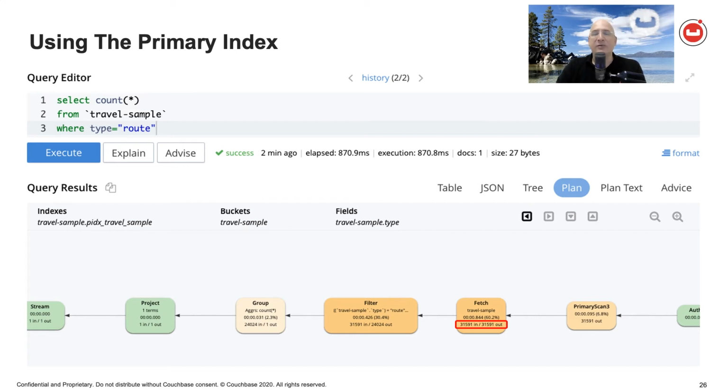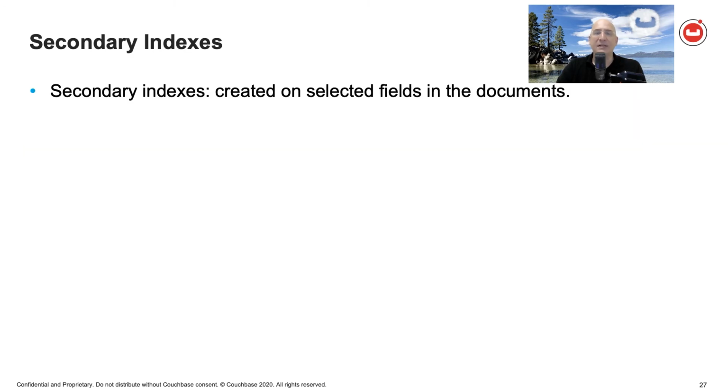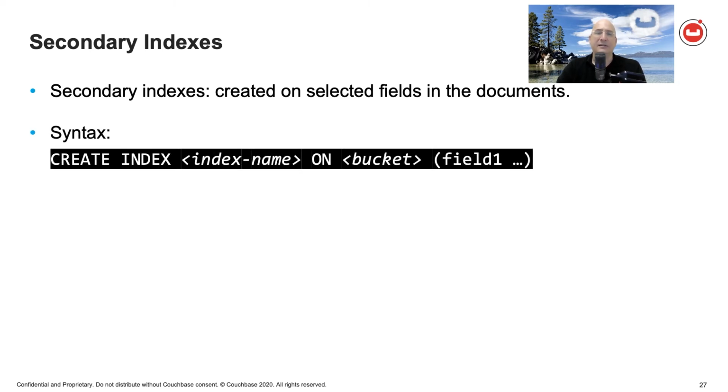So how can we make this query run faster? Just like in relational databases, you can create indexes on selected fields in your documents. These indexes are called secondary indexes to distinguish them from the primary index. The syntax for creating secondary indexes looks pretty much the same as in relational databases.